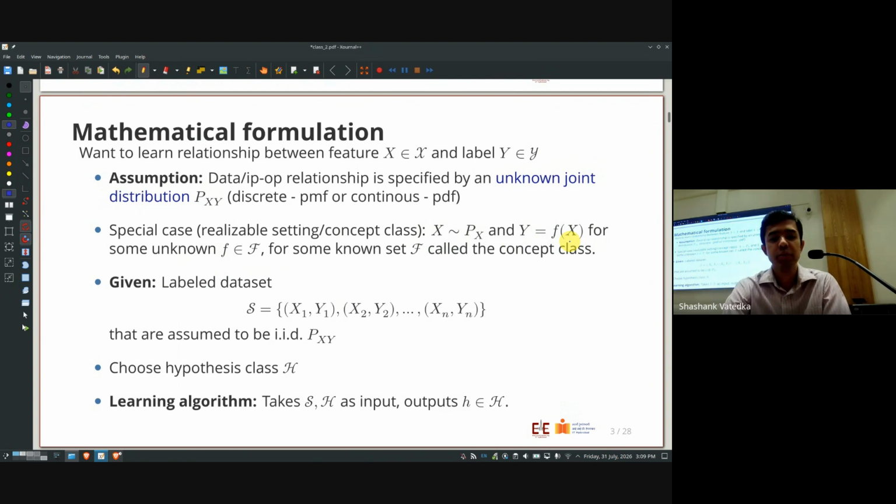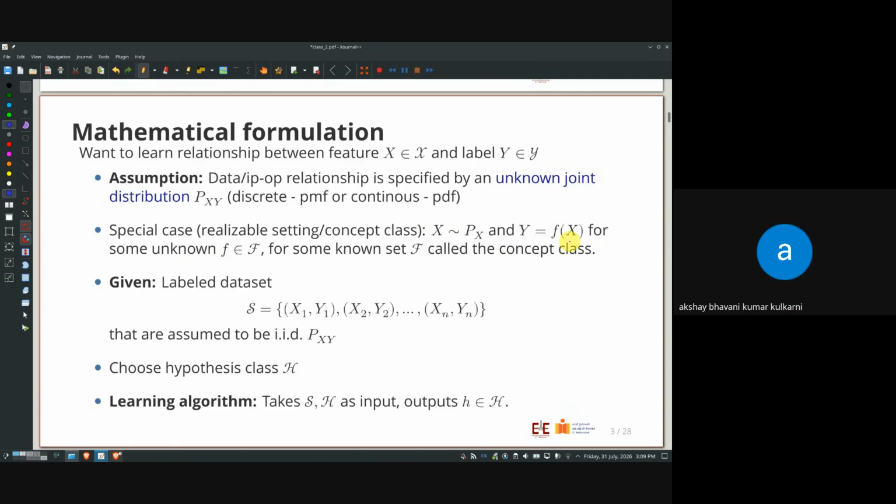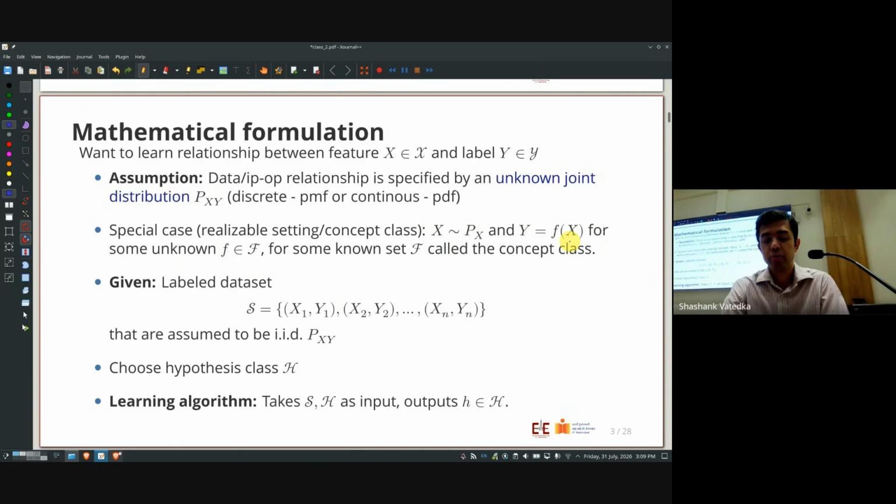If you know Pxy, then you don't need the data set. I hope you agree with that. Because you don't get any additional information from S than if you have Pxy. Agreed. The goal is to learn something about Pxy from S.